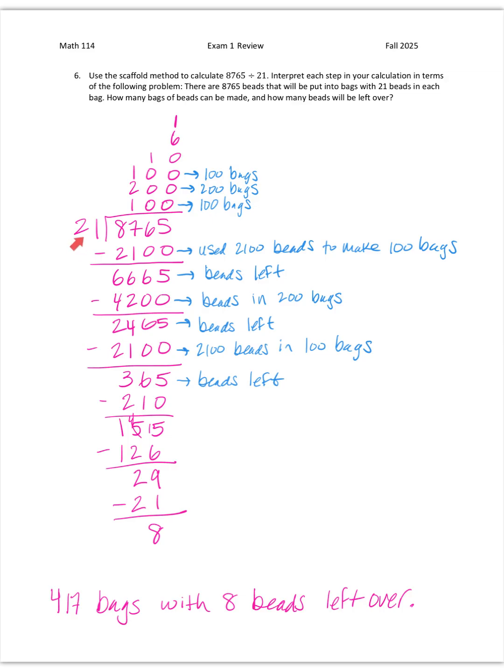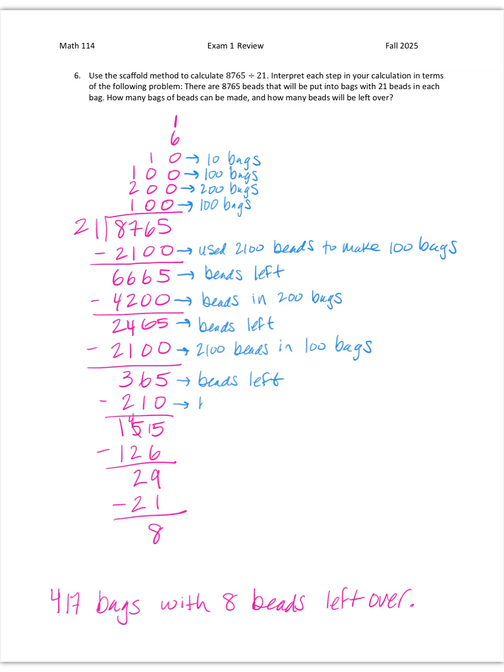Okay, how many groups of 21 can I make to get close to 365 but not go over? And I went with 10 because I was like, well, 21 times 10 is 210. I definitely can make 10 more bags. So 10 more bags of beads times 21 beads per bag uses 210 beads.